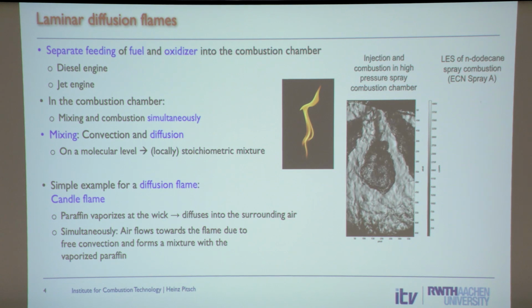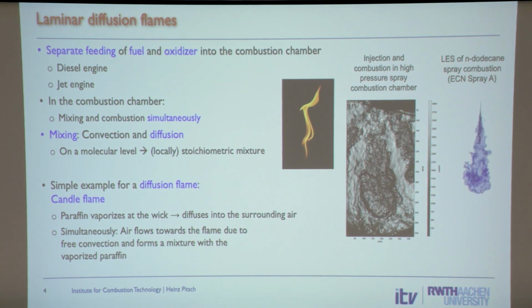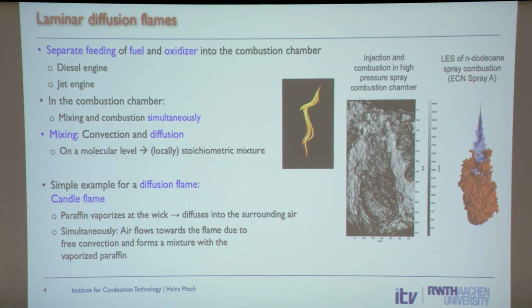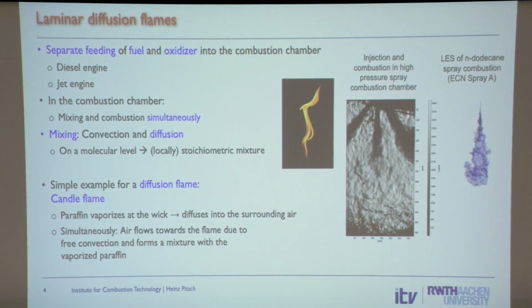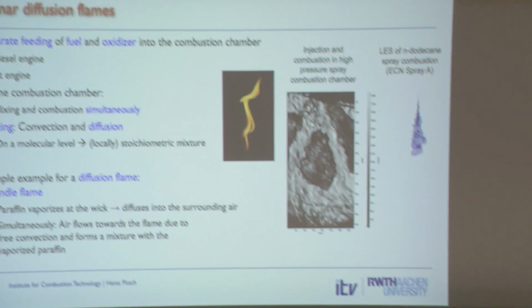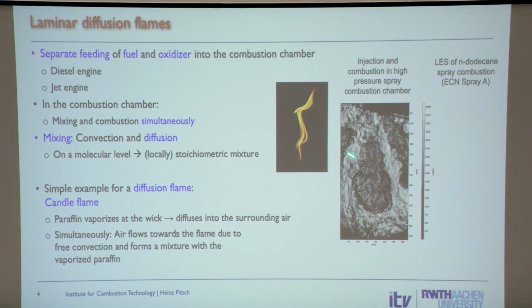In between, you must have a surface that is exactly stoichiometric, and that's where reactions happen, because that's where fuel and oxygen are consumed. On one side you have no fuel anymore, so it doesn't burn. On the other side you have no oxidizer anymore, so it doesn't burn there either. That's why in non-premixed flames the reactions are typically constrained to a very thin layer.